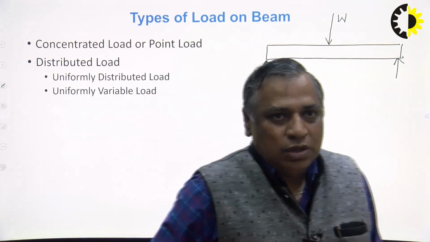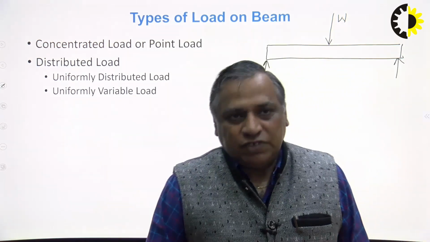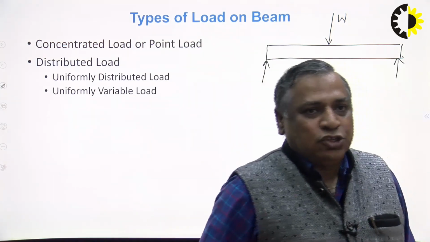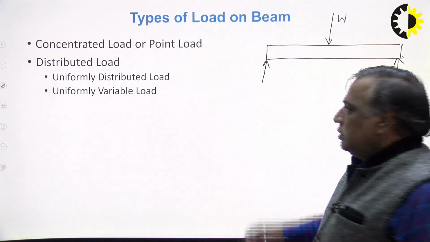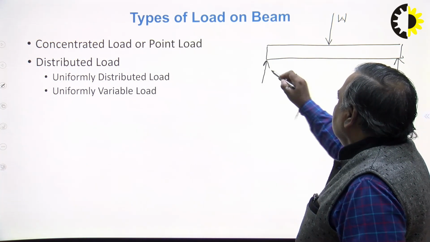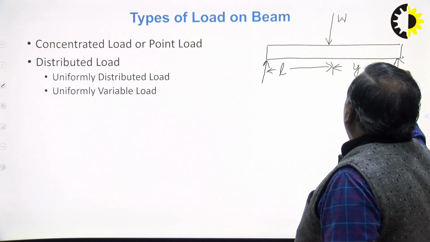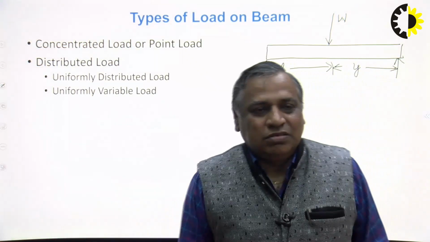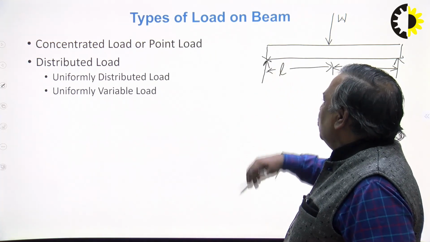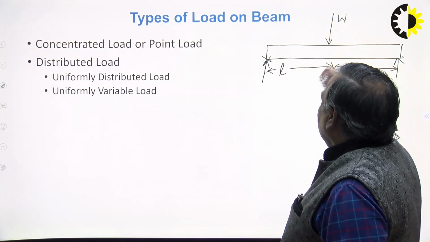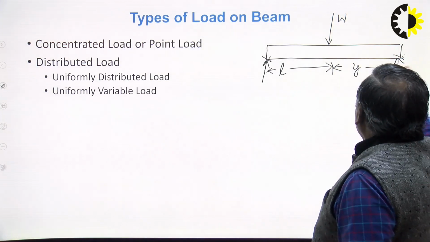But for theoretical purpose, or for the sake of simplicity of our analysis, we assume this load is there. So suppose this is W, and Y is a value, a discrete value, and we want to get the moment about it, then W multiplied by Y is the moment about this point.